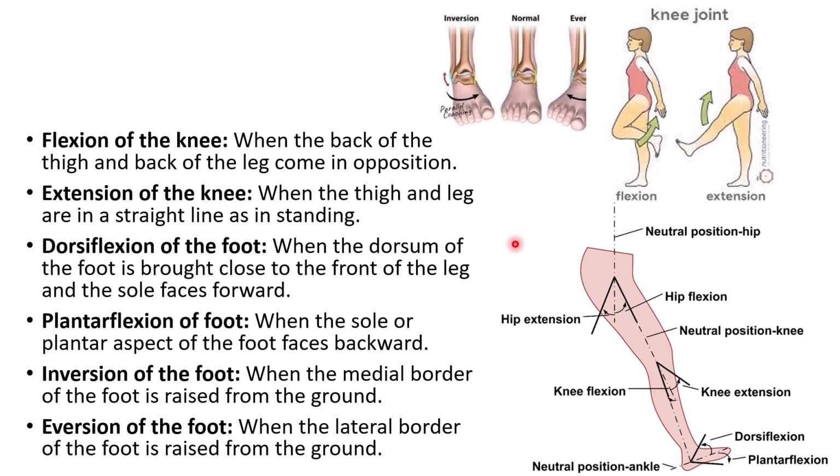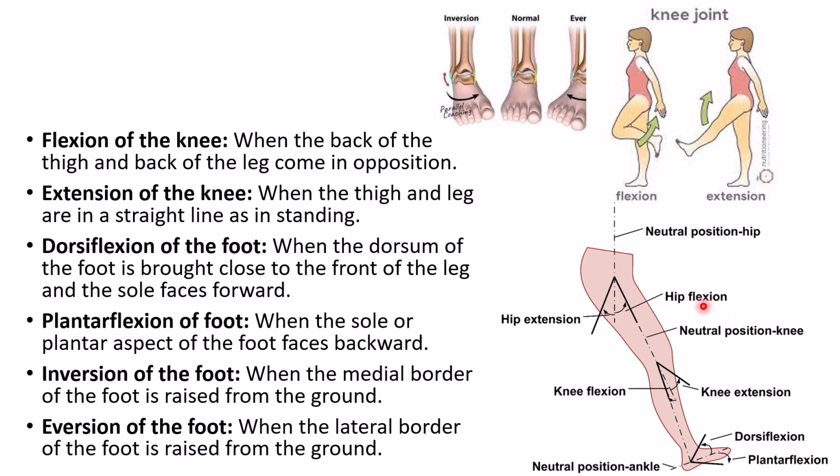Remember this thing. These are very important points which you have to remember to know the muscle actions or all the movements of the muscles. See here how the knee extension is done, when the thigh and leg are in a straight line as in standing. This is knee extension, which is similar to the hip extension when we were standing erect.